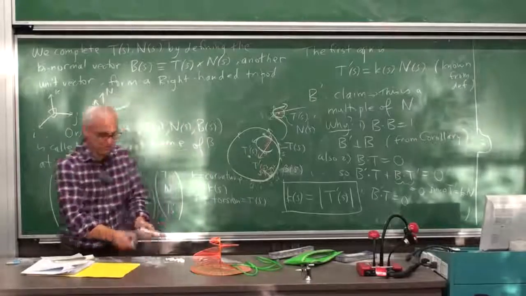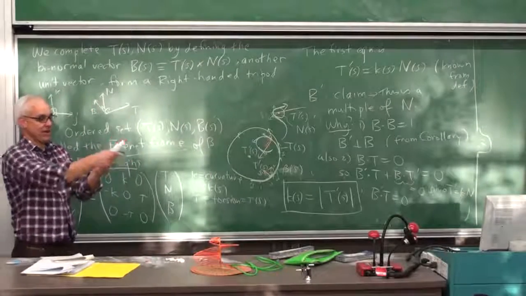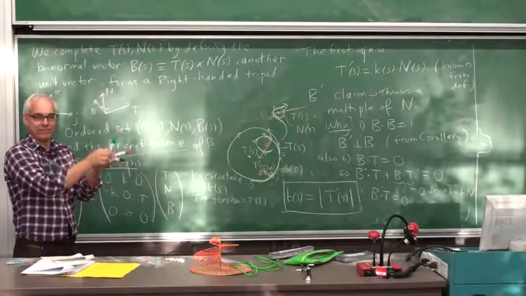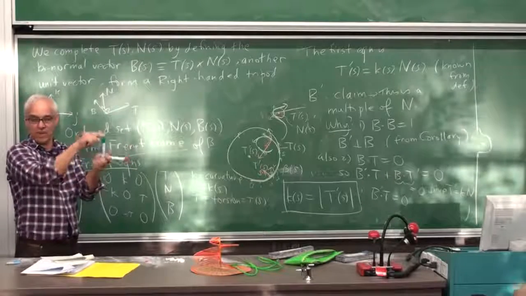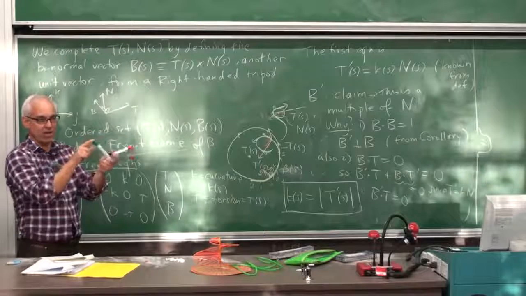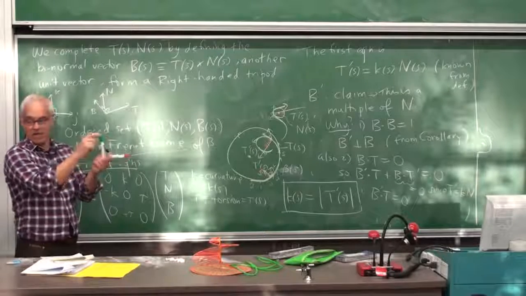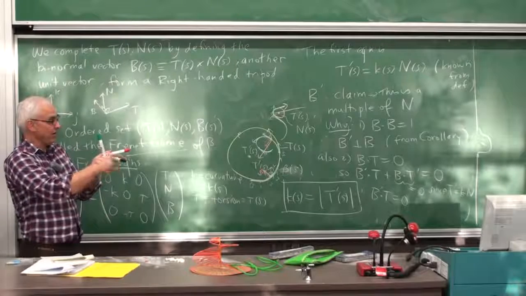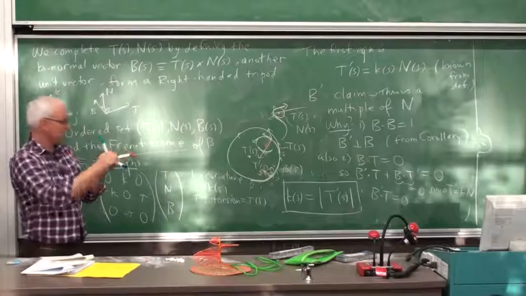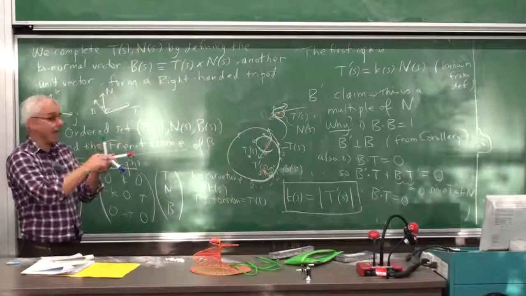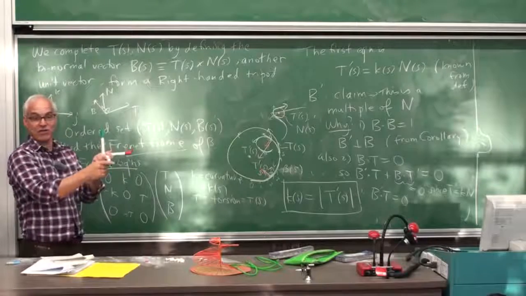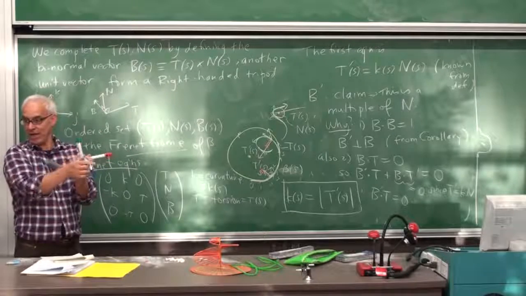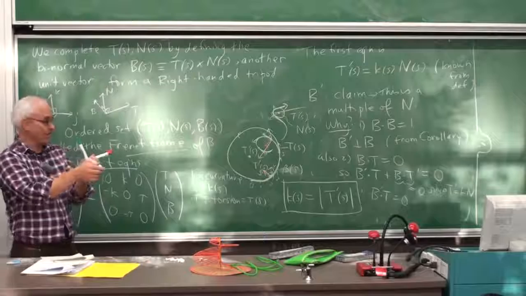Okay, we have these three vectors, t, n, and b, and they're changing. We know that the rate of change of the green one, the binormal that we're interested in, b prime, is perpendicular to both itself and to the tangent vector. But there's only one direction that's perpendicular to b and the tangent vector.